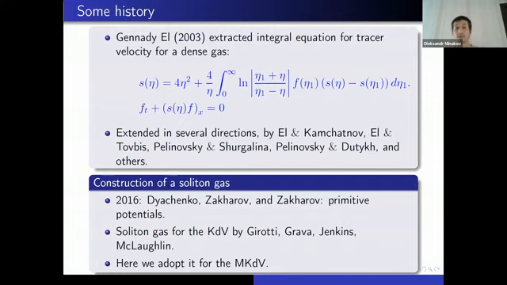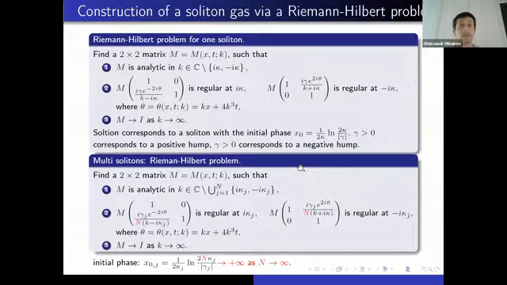Then some particular case of those potentials was identified by Girotti, Grava, Jenkins, and McLaughlin as some solitonic limit. Here we develop this approach further for the mKdV equation.